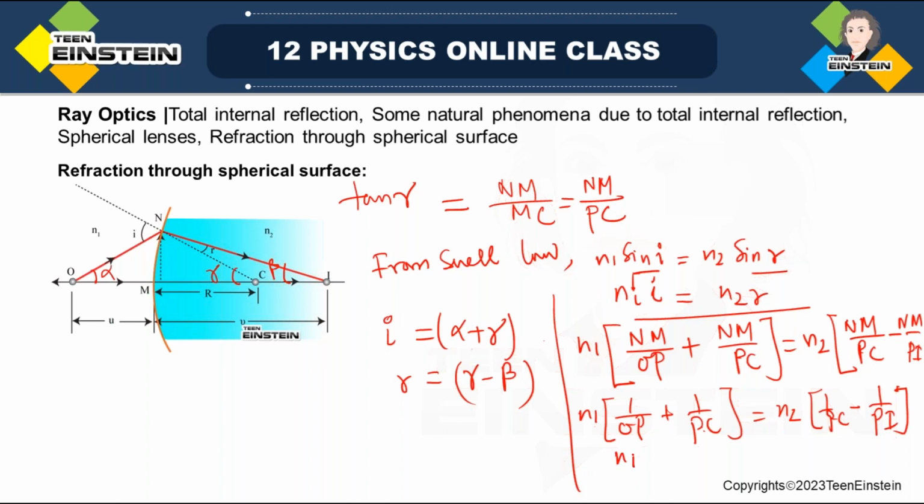So this is N1 by OP, I'll write it here. N1 by OP plus N2 by PI. This has now become N1 by PC. So N2 minus N1 by PC.